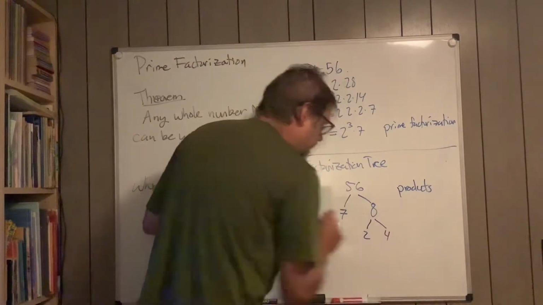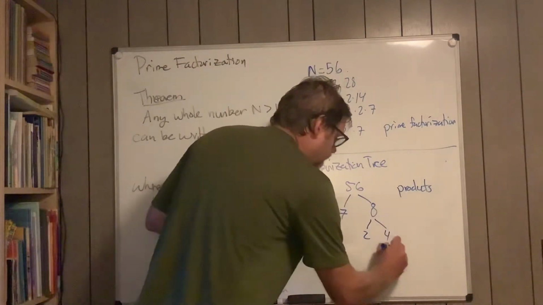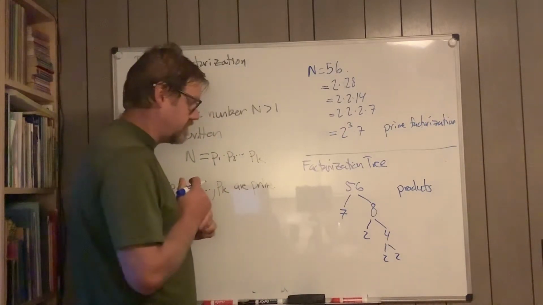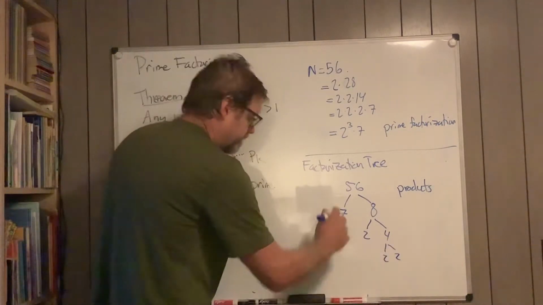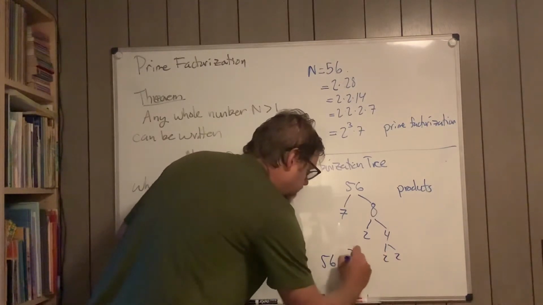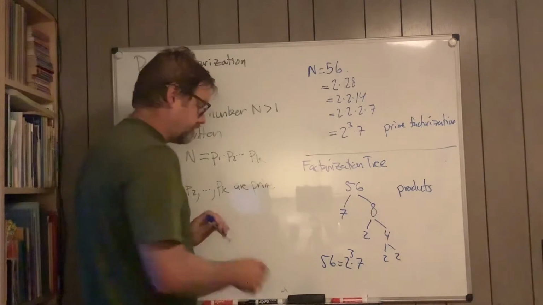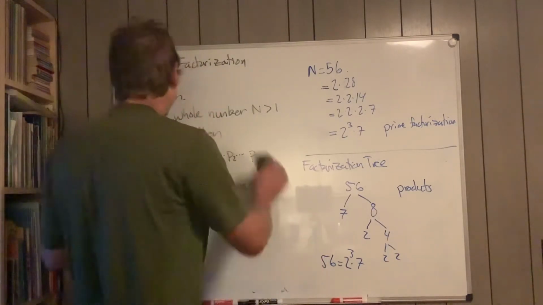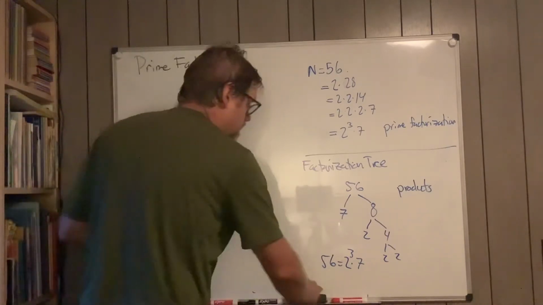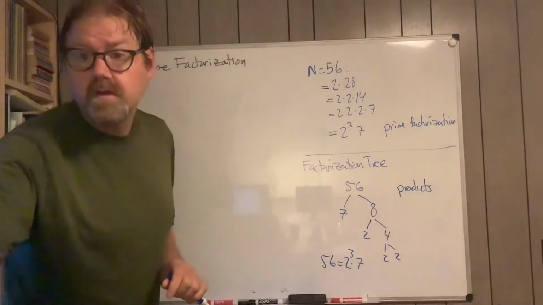So we're going to break 8 down into 2 and 4, and then take 4 and break it into 2 and 2. And then we just count everything up. So 56 we can write as 2, 1, 2, 3 of them, cubed, times 7. So this is the big thing that we typically will do with this.